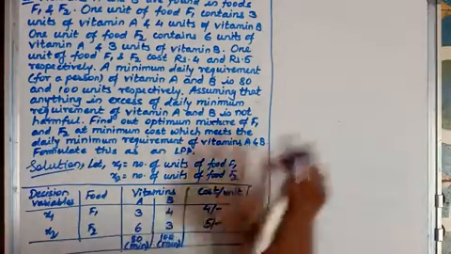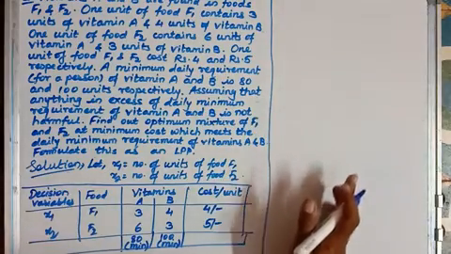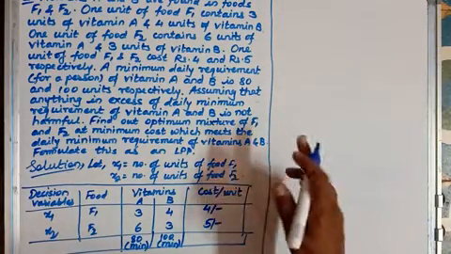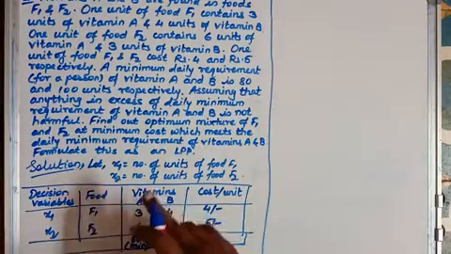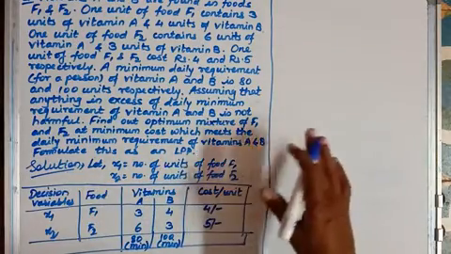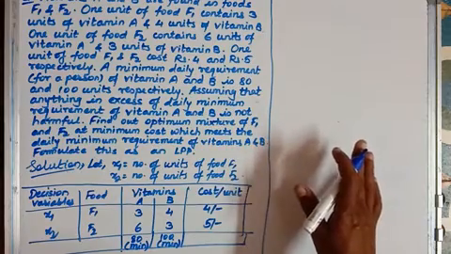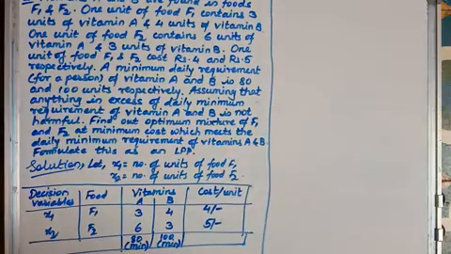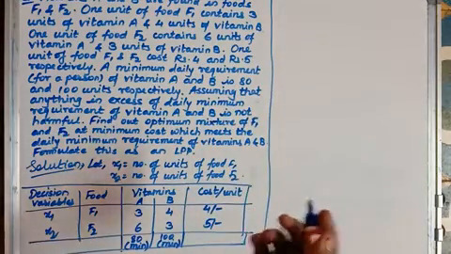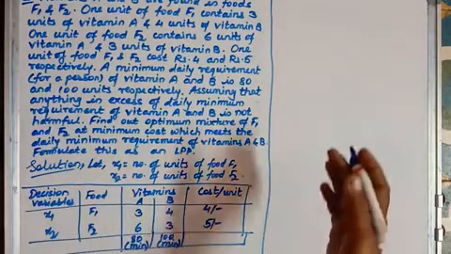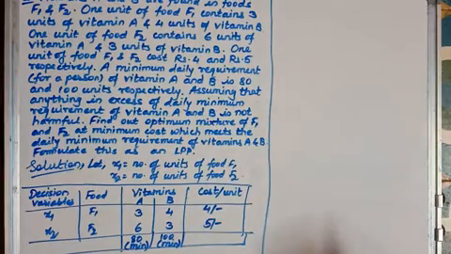So I can directly write the LPP now. If we understand the previous problem, once we get a tabular form, we can easily write an LPP. No need to write those sentences in between, or if you want to write them, then with the help of our previous problem, you can write them. So let me write my objective function.